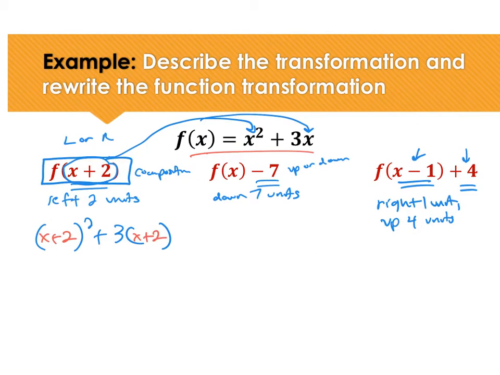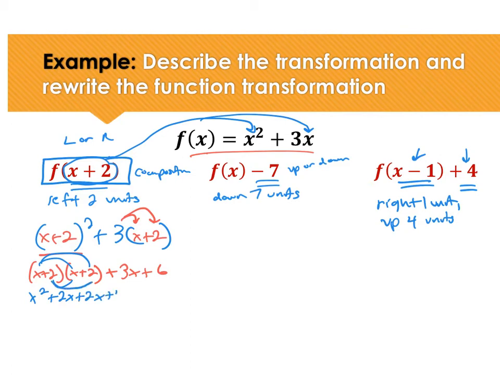Now if you were to simplify this, in the first case you have to FOIL that, so that's 2 factors of x plus 2. And in the next term, we have to distribute that 3 to get rid of it, so it becomes 3x plus 6. If I FOIL that first term, I get x squared, outside would be positive 2x, inside would be positive 2x, and 2 times 2 becomes 4.